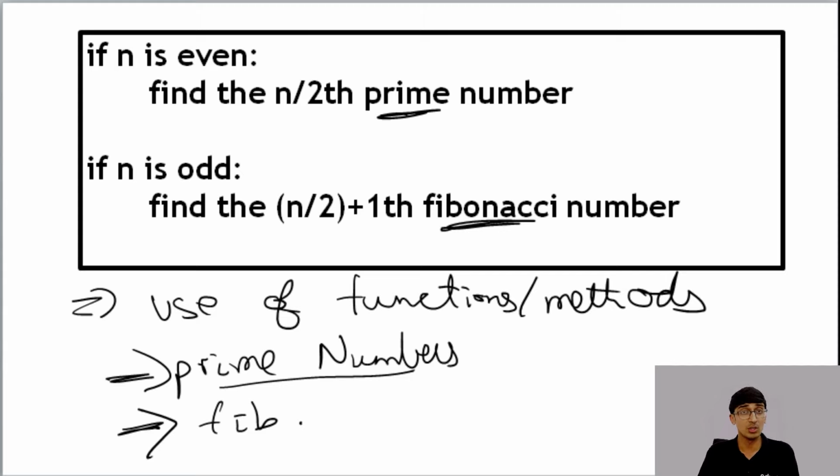If you don't know the prime number and Fibonacci concept, you should stop practicing whatever you're practicing and come to the Edyst platform and start practicing coding. Because your aptitude will keep happening, but if you don't know how to find the prime number or the Fibonacci number, this is the most basic question you're going to get in TCS NQT. So make sure that you know at least prime numbers and Fibonacci numbers and you know loops, right?